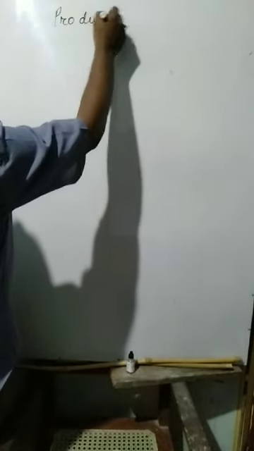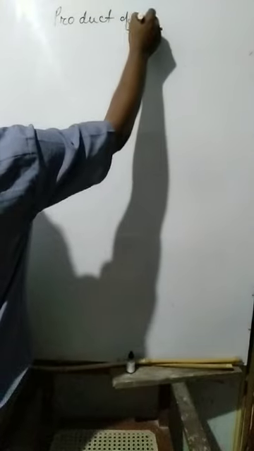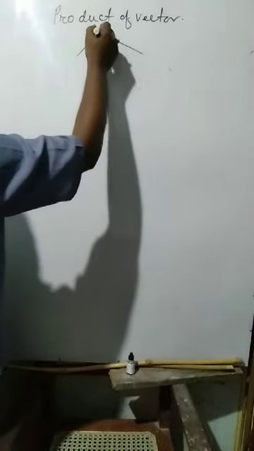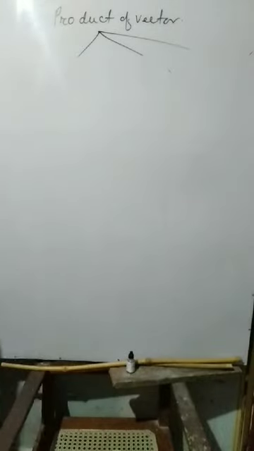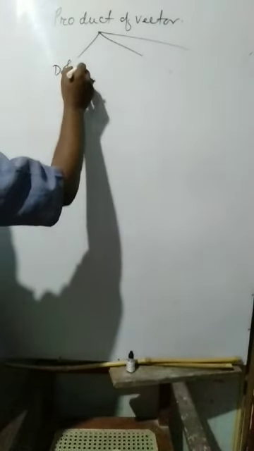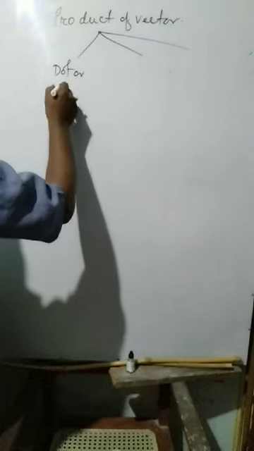So we discuss the product of vectors. There are two types of product. First one, the dot or scalar product.